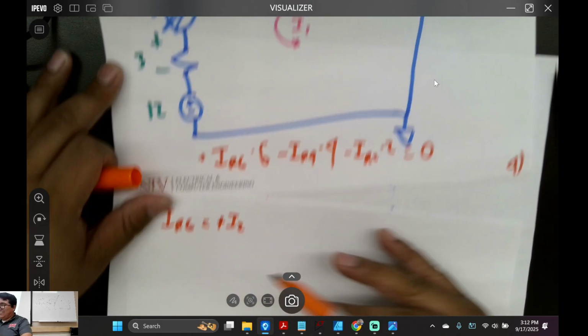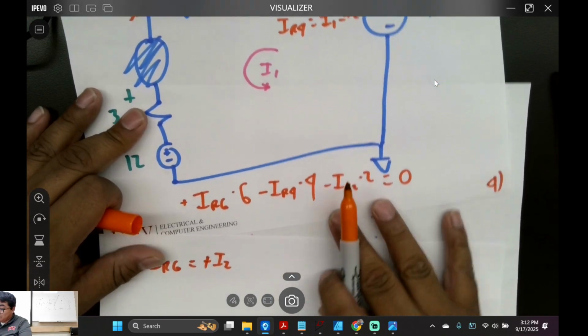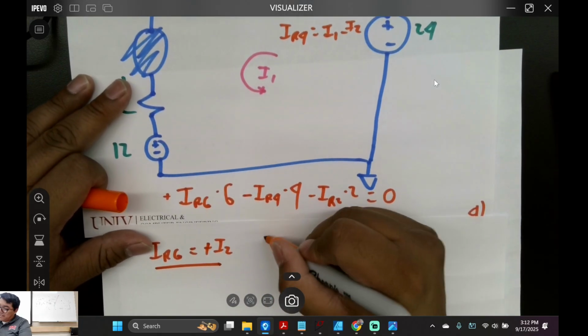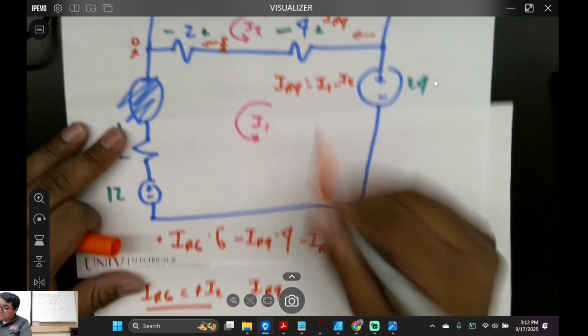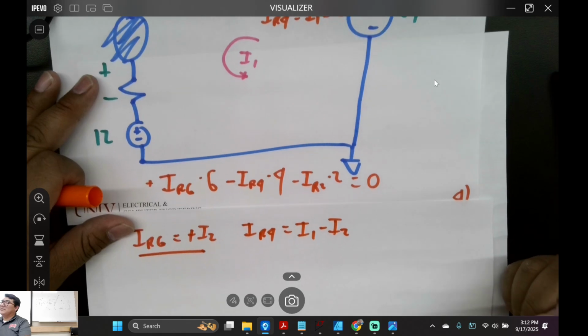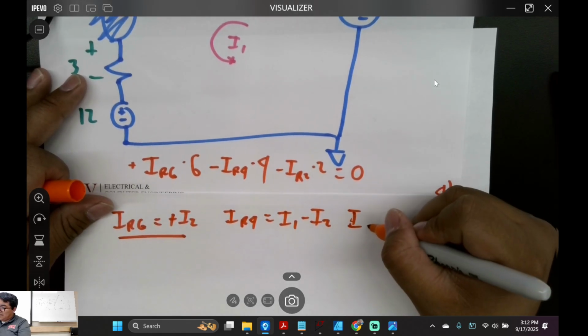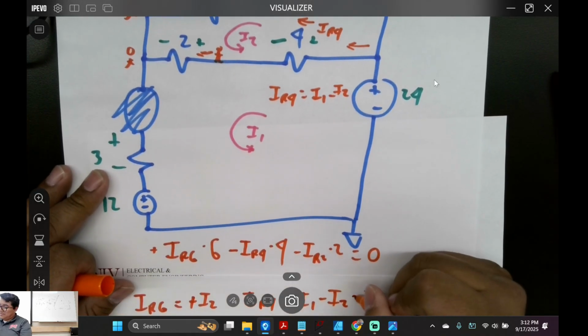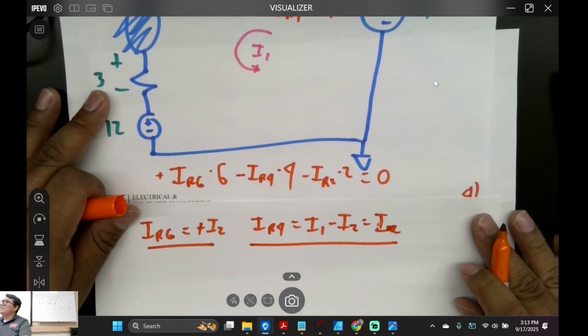Anyways, now that we defined this, and we already defined IR4 as equal to I1 minus I2, is that correct? And the current in IR2, this resistor right here, it's also equal to that.